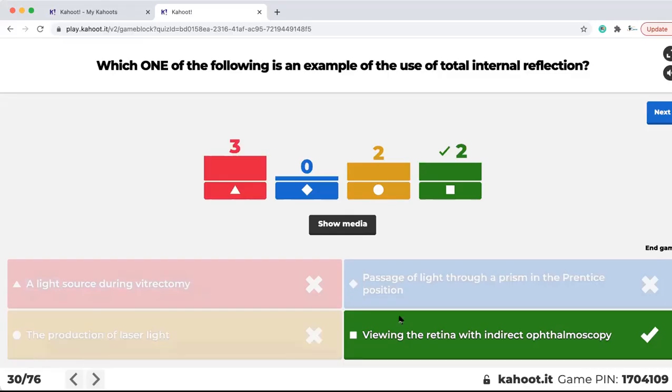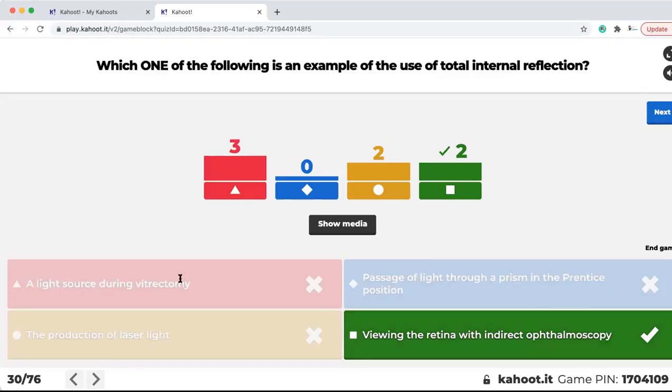But viewing the retina with the indirect ophthalmoscope can also be considered a right answer, because in the construction of the indirect ophthalmoscope, there is a right-angled prism responsible for the binocularity, shifting the light from the patient's eye to the observer's eye.